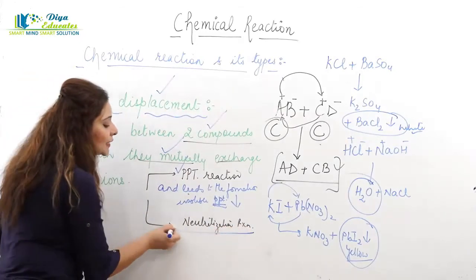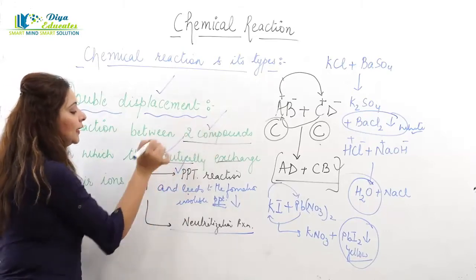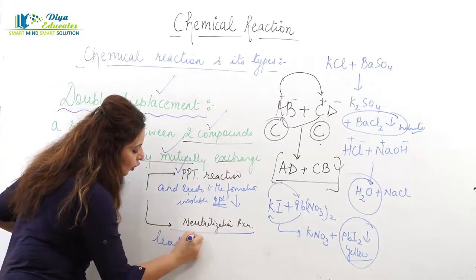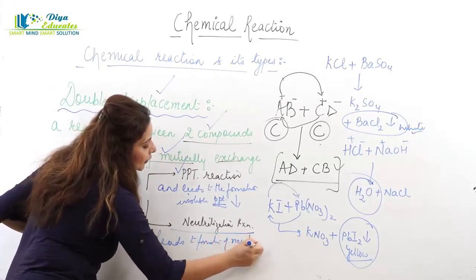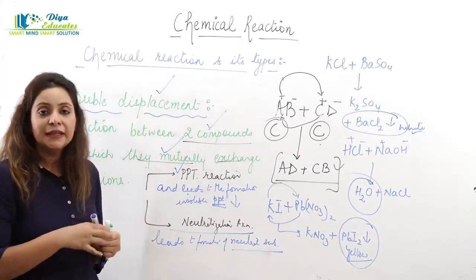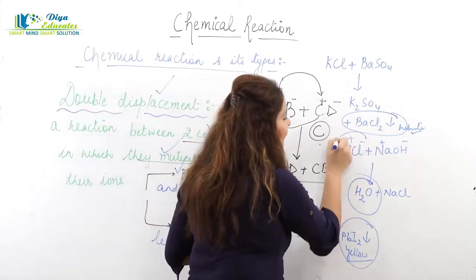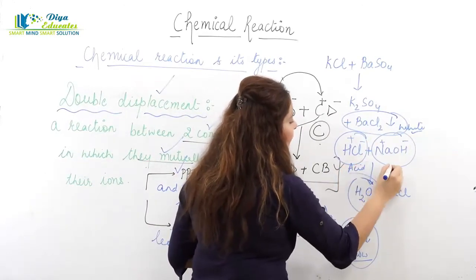Now, if somebody asks you about neutralization, again it is a reaction between two compounds in which they mutually exchange their ions and lead to the formation of a neutral substance. That means the substance which is neither acidic nor basic. For example, if you react HCl with NaOH, it is an acid and it is a base.